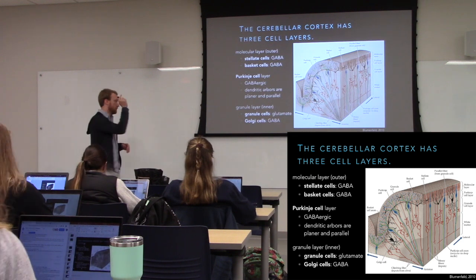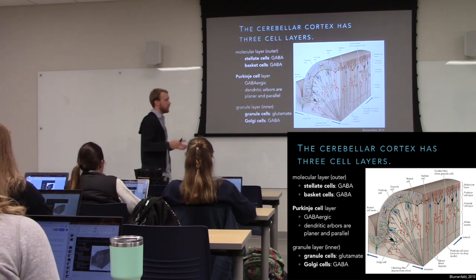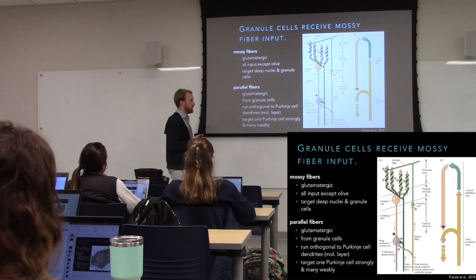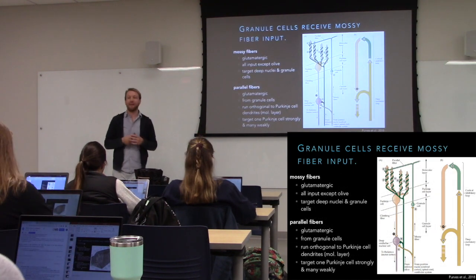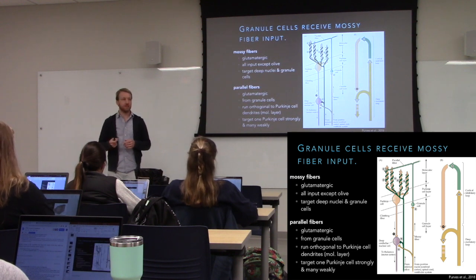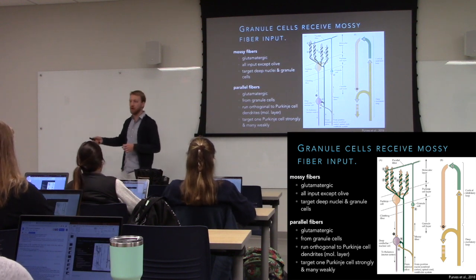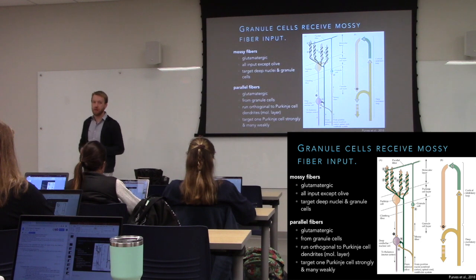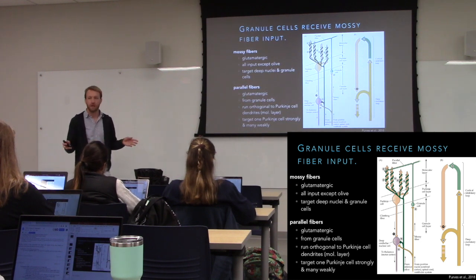The input, granule cells. Here's where our mossy fibers arise. And the mossy fibers would be everything. The input from the vestibular nuclei, input from the pons, input from spinocerebellar tracts. All of those are lumped together as mossy fibers.